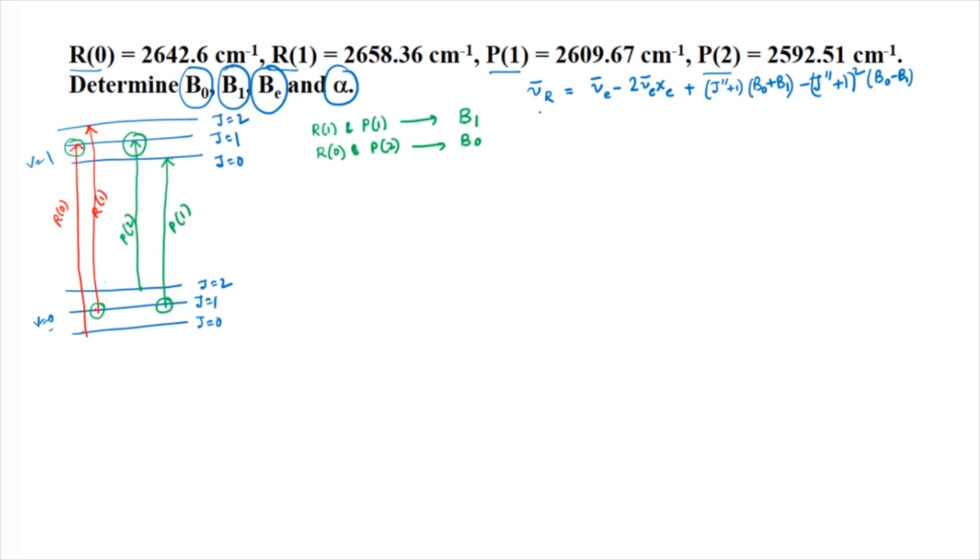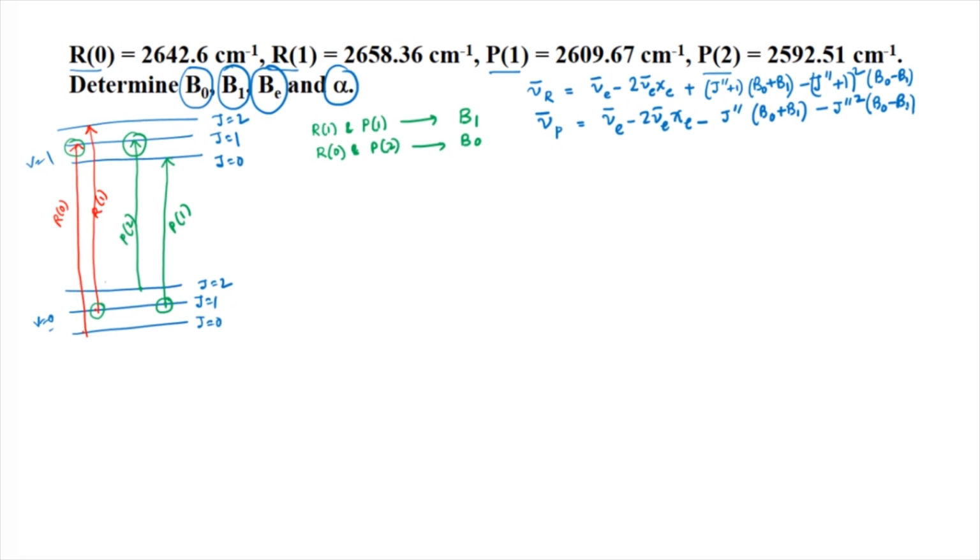And for the P branch transitions, we can write nu bar P equals nu bar E minus 2 nu bar E chi E, then we have minus J double prime times B 0 plus B 1 minus J double prime squared times B 0 minus B 1.